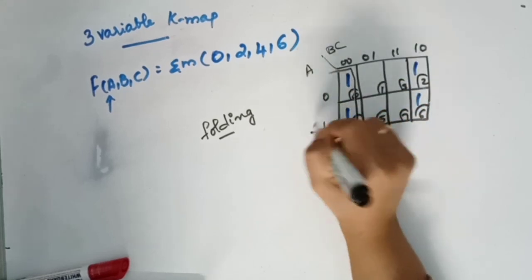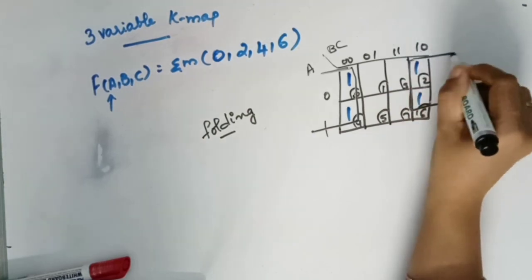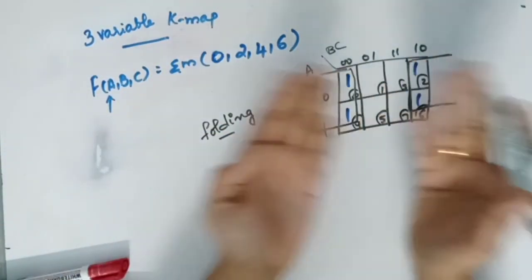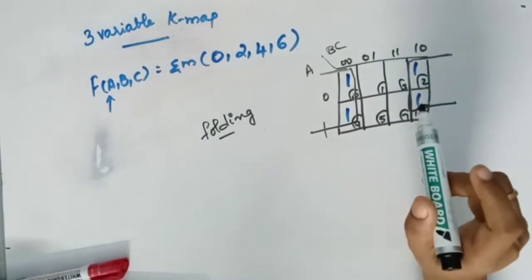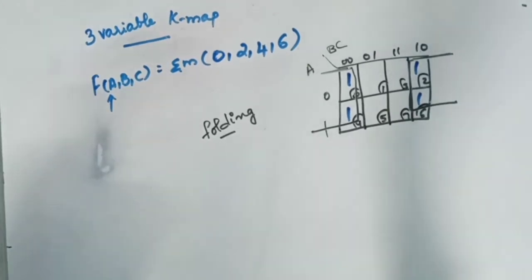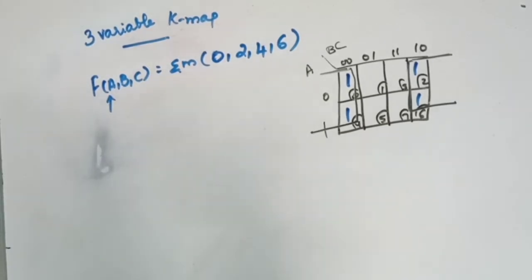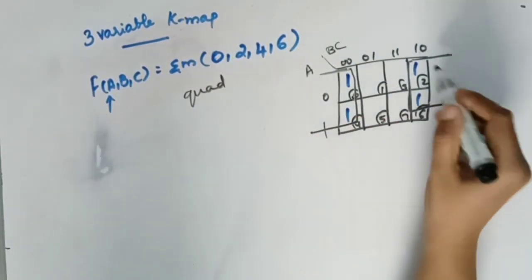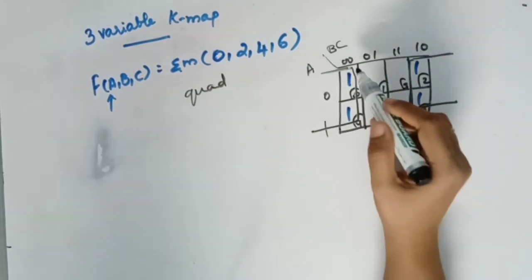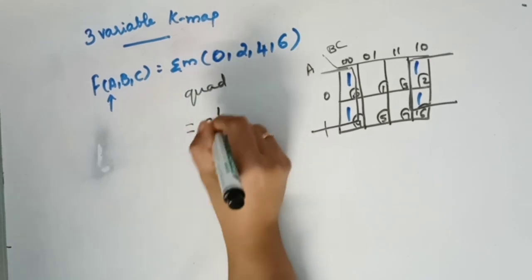You are folding it like this to form a single group. So 4 ones in a single group, and the answer will be just like a quad. Quad means 4 ones. So what is common for all these 4 ones? It is C0. So the answer will be C0 means C bar.